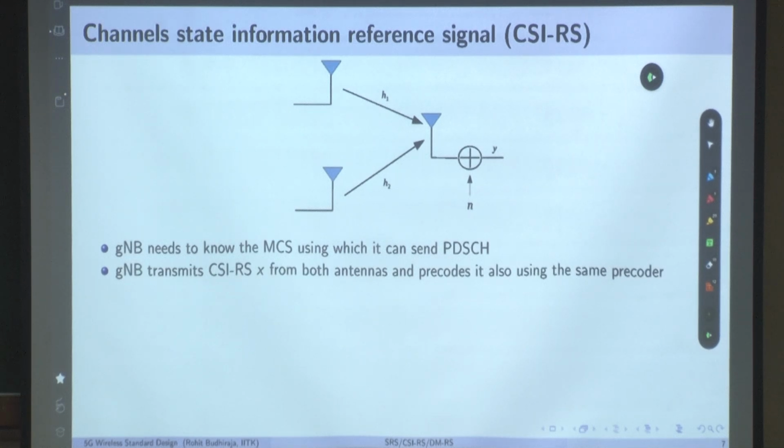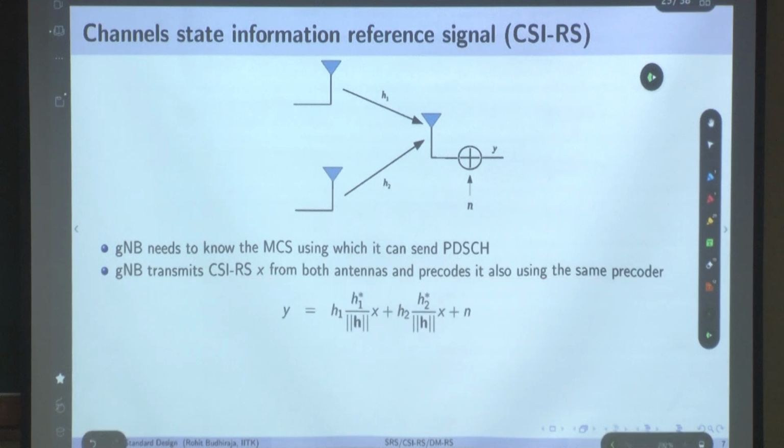So the gNB transmits this CSIRS x from both these antennas, and precodes it using the same precoder which it will use for the data. In order to design the precoder, it already has the downlink channel information.